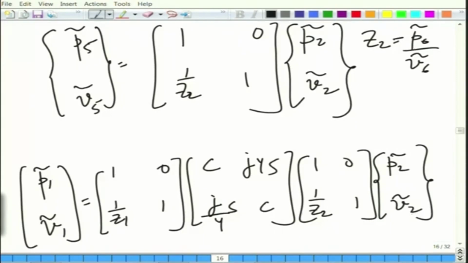So, this is the transfer matrix relation for the side inlet and side outlet chamber.